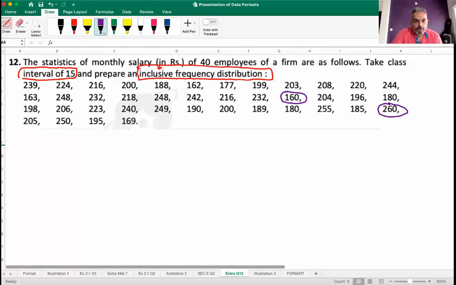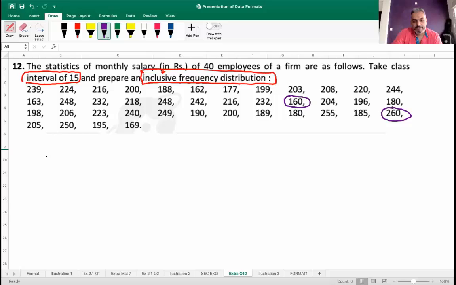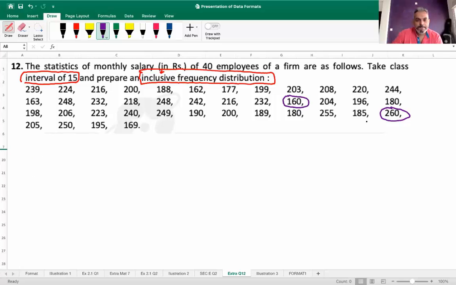Now see over here. The first thing is we have to prepare an inclusive frequency distribution with class interval of 15. So first let's do some working.